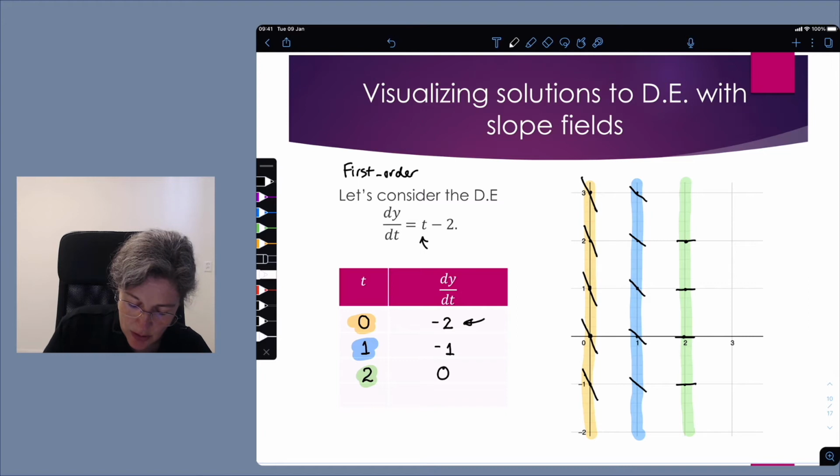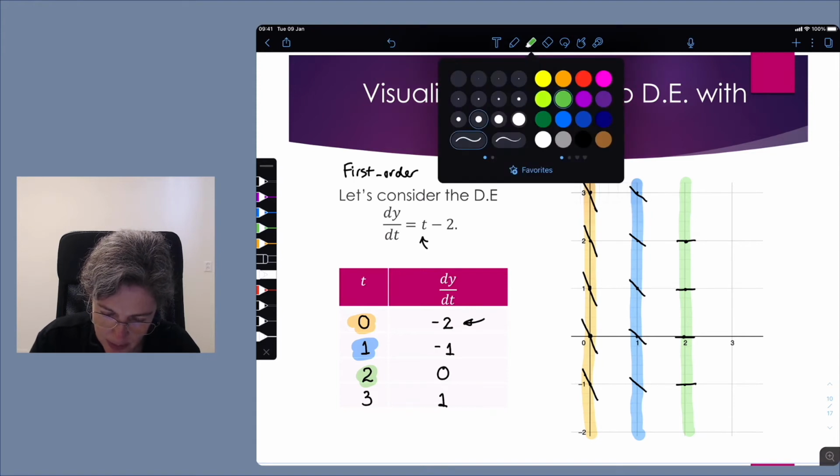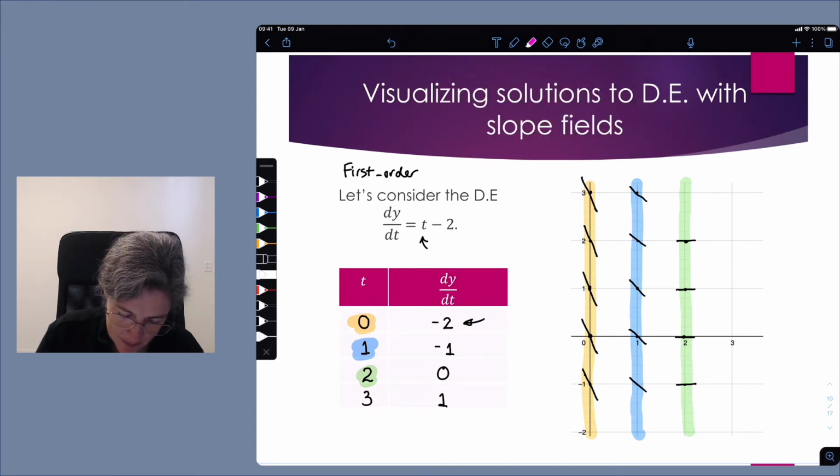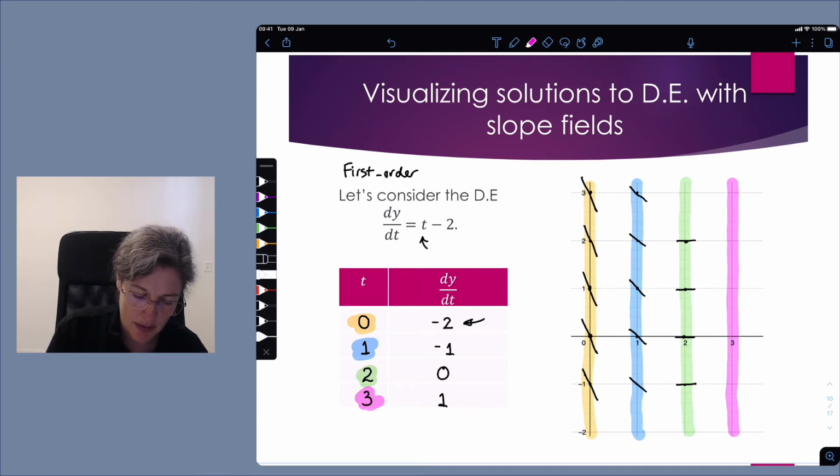One more point. So let's have a look at when t is equal to 3. Then my slope is going to be 3 minus 2, which is 1. So note that now I've got a function that is starting to slope upwards. So again, let's grab a new color. Now we're looking at y values along that line.